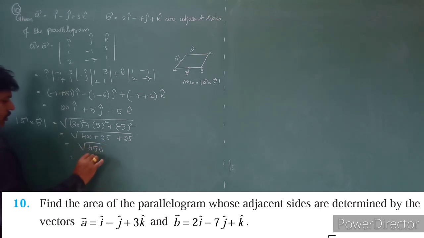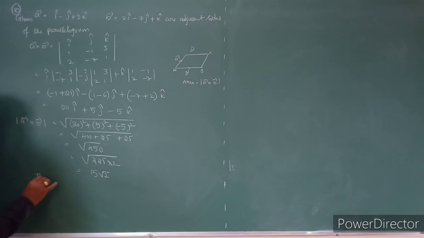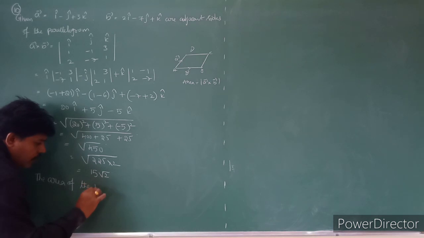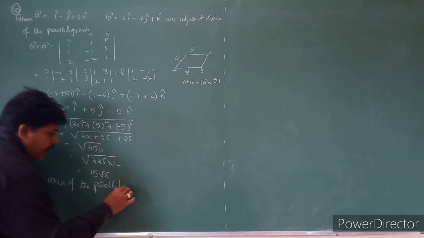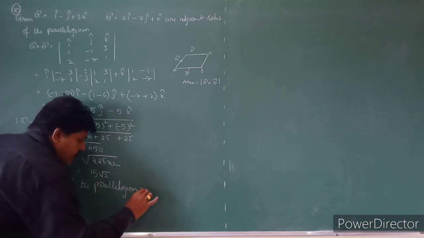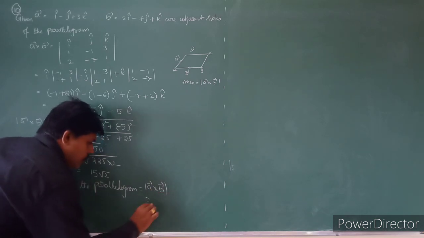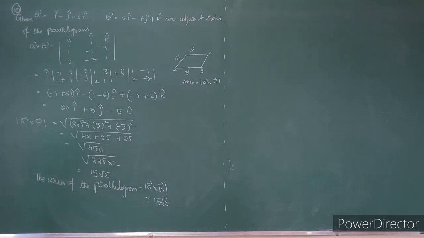If you take that, root of 225 into 2, take it out, it will become 15 root 2. Therefore we conclude that the area of the parallelogram is equal to mod a bar cross b bar, so that is equal to 15 root 2.